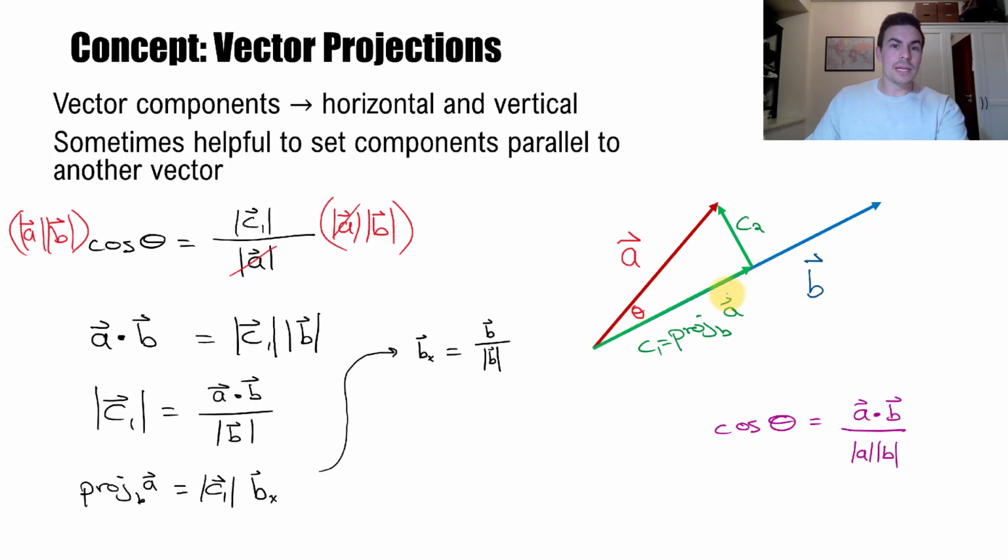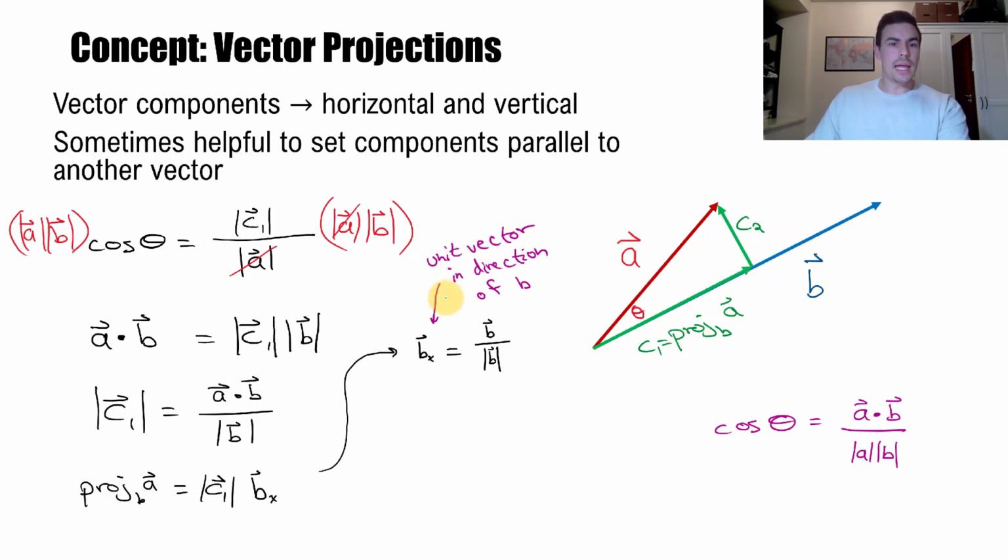The unit vector of B in the direction of B, okay? And we figure that out by saying the vector B divided by the magnitude of B. Okay, we saw that in a previous lesson. Okay, so B hat is actually just a unit vector in the direction of B. Okay, not necessarily in the x direction, just in the direction of B.